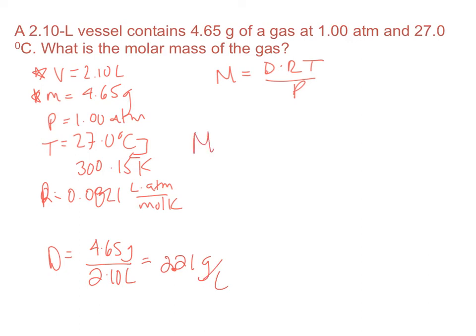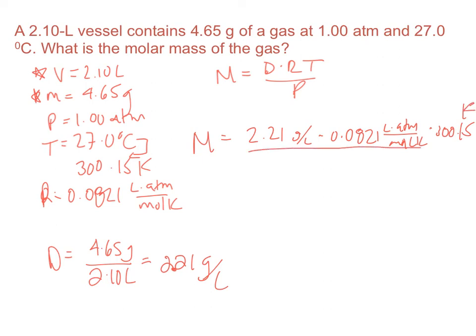Then we're going to plug it into the equation above. Molar mass is going to equal 2.21 grams per liter times 0.0821 liters times atm per mole Kelvin times our temperature, 300.15 Kelvin, and then we divide all that by our pressure value, which is 1.00 atm.